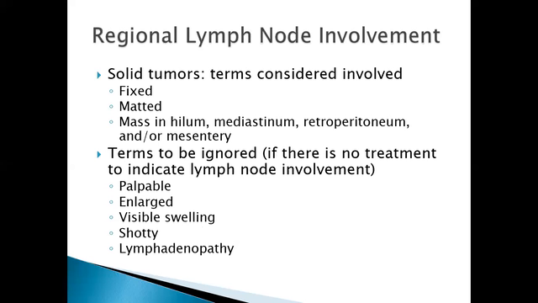Sometimes, though, the radiologist will use these terms, and then the medical or radiation oncologist may review the imaging with the radiologist to get a more specific determination if these enlarged, shoddy nodes or this lymphadenopathy most likely is involved by cancer, all right?